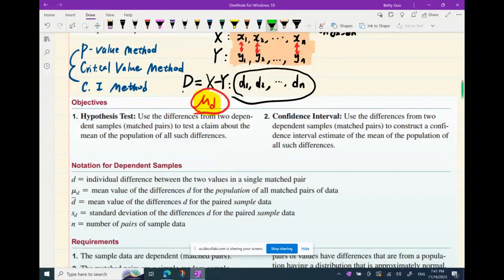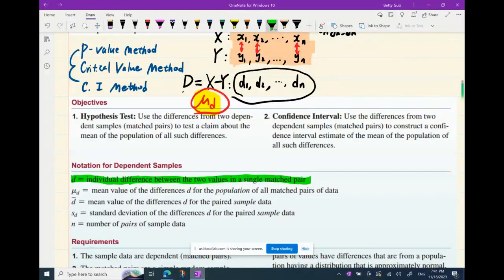Let's go through those notations. We use d to represent the individual difference between the two values in a single matched pair. As I did earlier, d sub 1 is the difference of x sub 1 and y sub 1. Same couple, husband's IQ score minus wife's IQ score, or the person's blood pressure before the treatment minus the blood pressure after treatment, right?